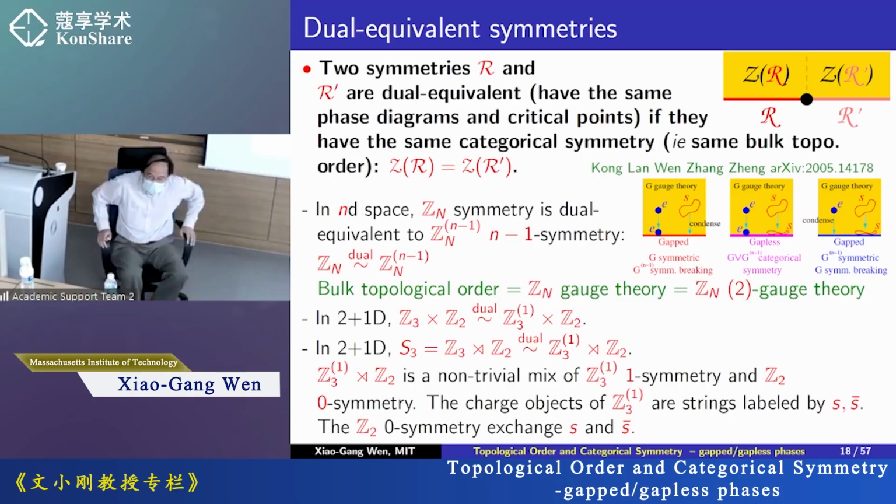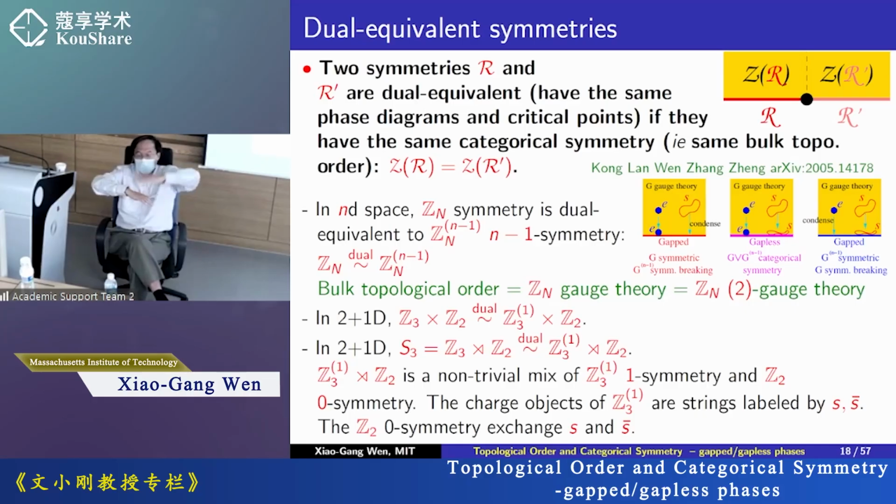But that means at the energy scale of all the excitations, Z2 gauge theory has no symmetry. So its bulk is trivial. However, if you assume the Z2 charge has very high energy, so you only have a Z2 flux, then below the energy gap of the Z2 charge there is an emergent symmetry, actually a one symmetry.